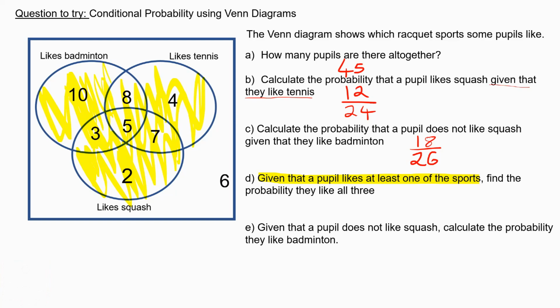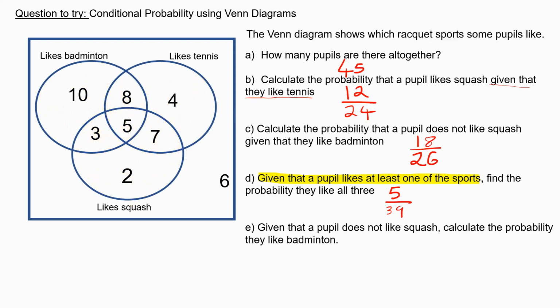For the probability they like all three, we need to look at a pupil who likes badminton, tennis, and squash, which is going to be the 5 pupils in the intersection of all 3 circles. So the probability is 5 out of how many pupils are inside the 3 circles, which is 39. So our answer there will be 5 out of 39.